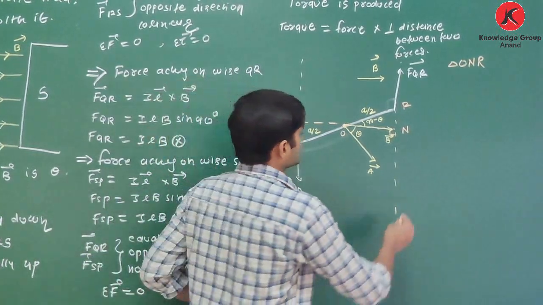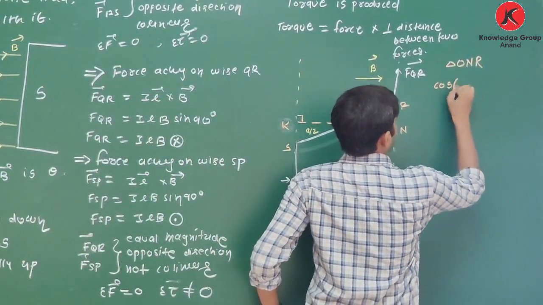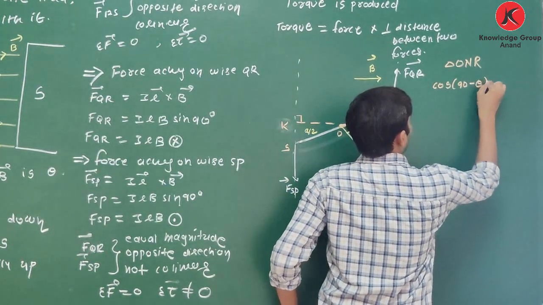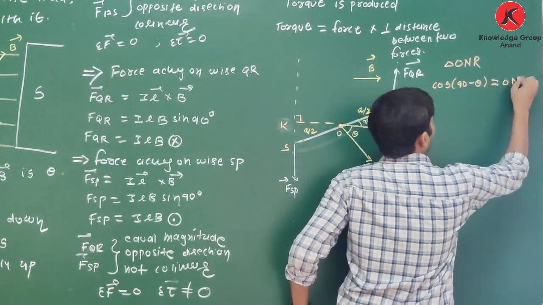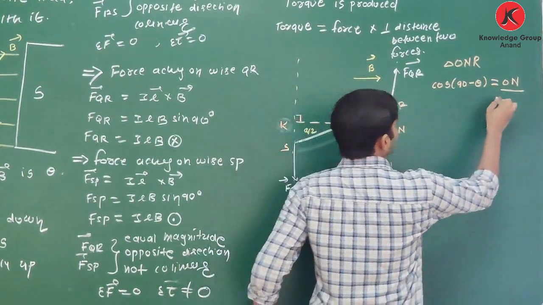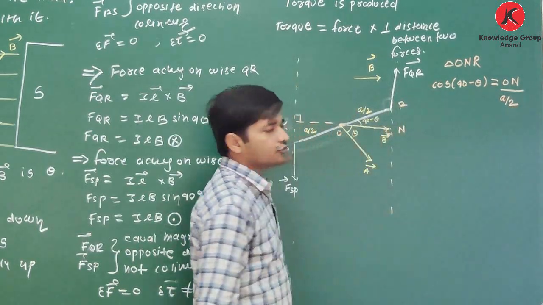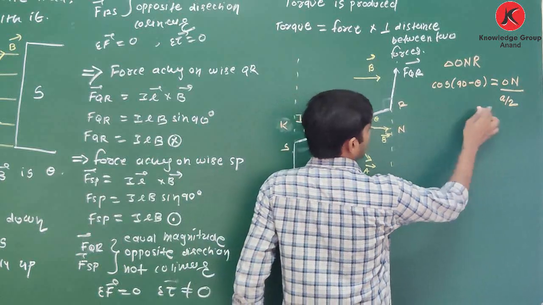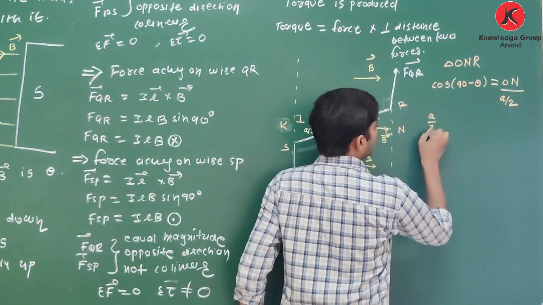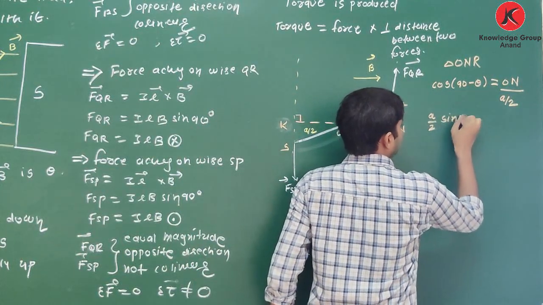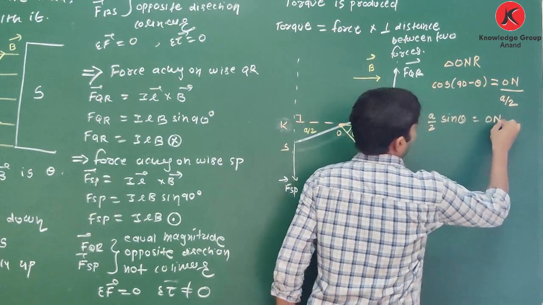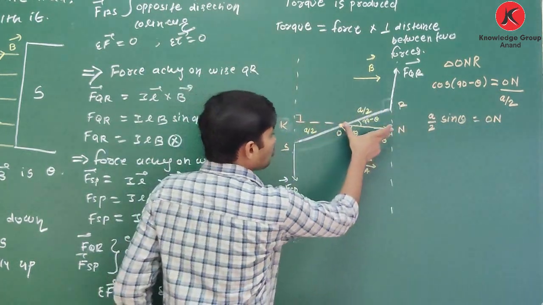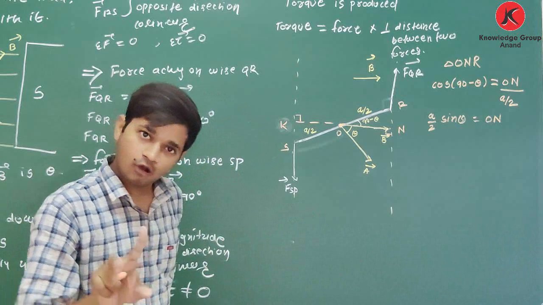Then take cos of 90 minus theta: adjacent side On divided by hypotenuse A by 2. Cos 90 minus theta is sin theta. If I take A by 2 to this side, then A by 2 sin theta is equal to On. Clear about this?